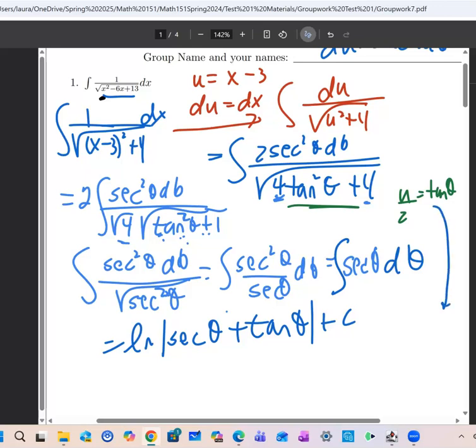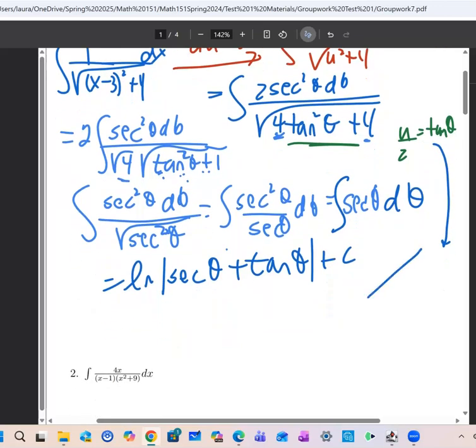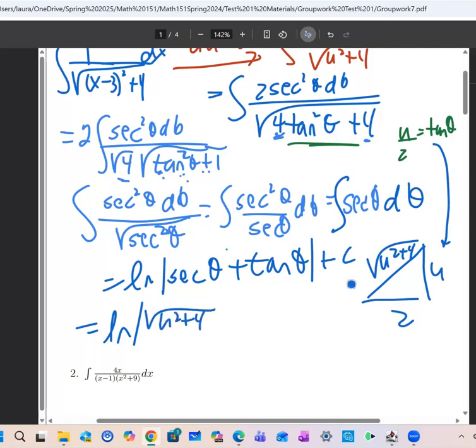Okay, I still can use my triangle. I just needed to erase it to make room. So this would be opposite over adjacent. So this is my hypotenuse. So I get ln secant, which is hypotenuse over adjacent, plus tangent, which is u over 2.